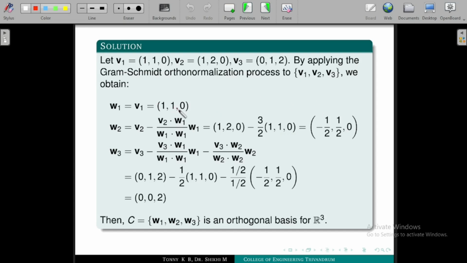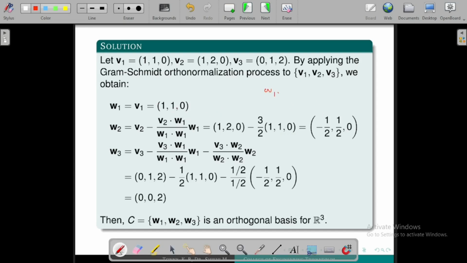For example, here w1 dot w2 becomes equal to 1 into minus 1/2, that is minus 1/2, plus 1 into 1/2, that is 1/2, plus 0. So the answer is 0. Likewise, you can check whether w1 and w3 are orthogonal and also w2 and w3 are orthogonal. So this set w1, w2, w3 is an orthogonal basis for R3.